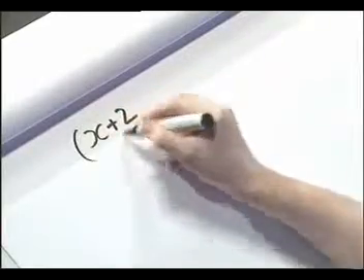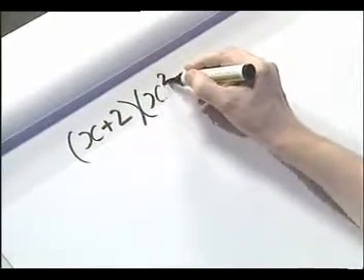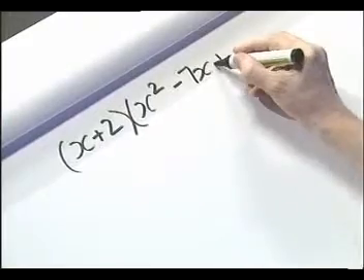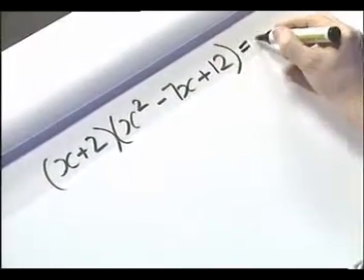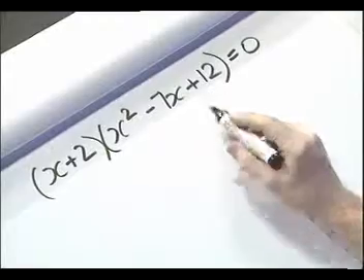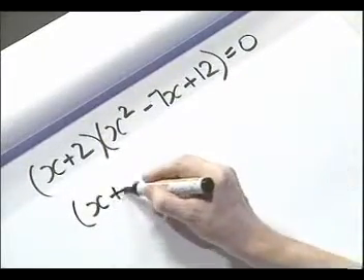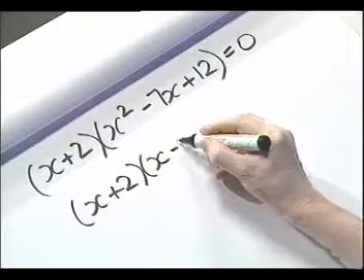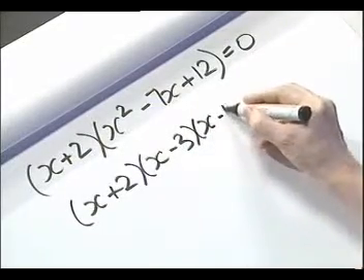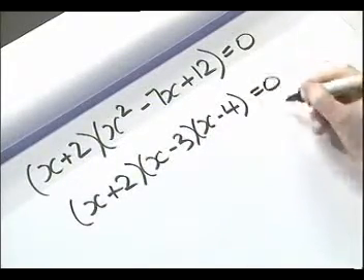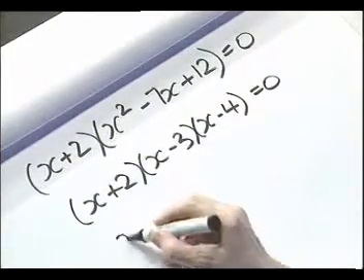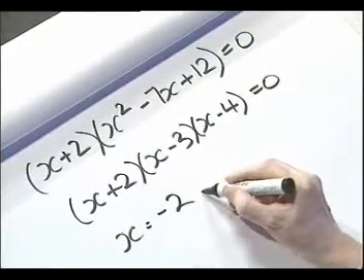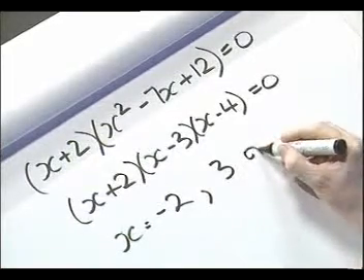So we've reduced our cubic to x plus 2 times x squared minus 7x plus 12 equals 0. X squared minus 7x plus 12 can be factorized into x minus 3 times x minus 4. So we have x plus 2 times x minus 3 times x minus 4 equals 0, giving us x equals minus 2, 3, or 4.